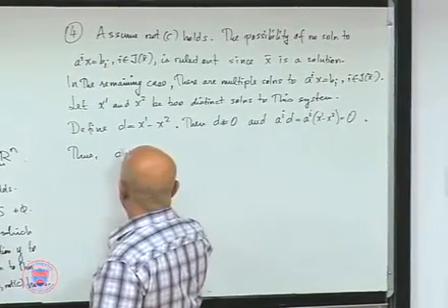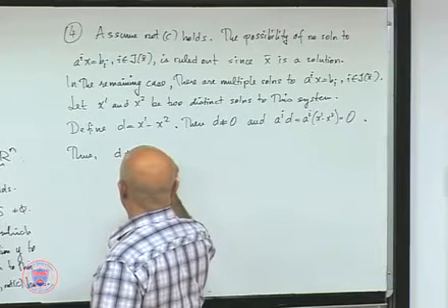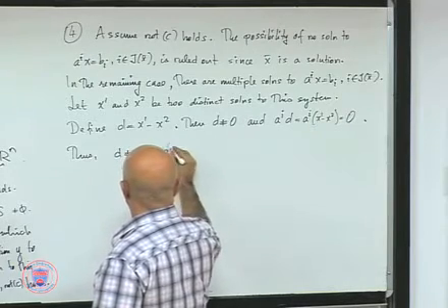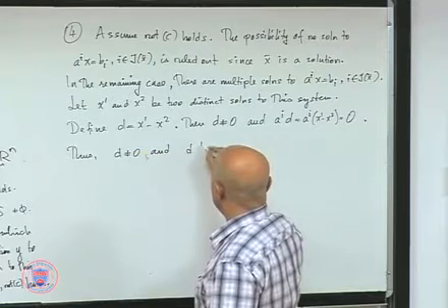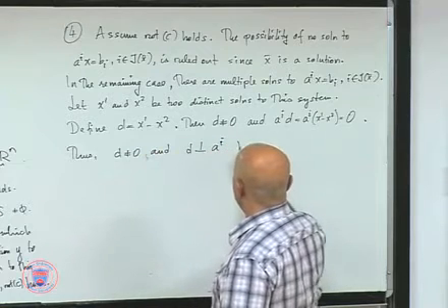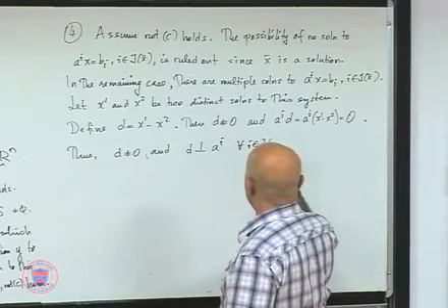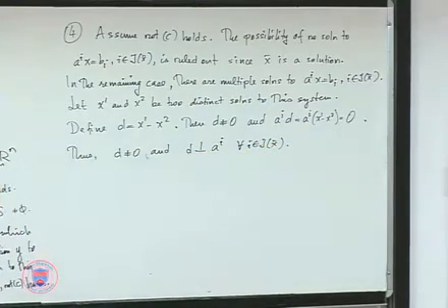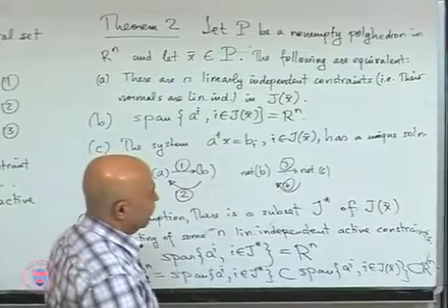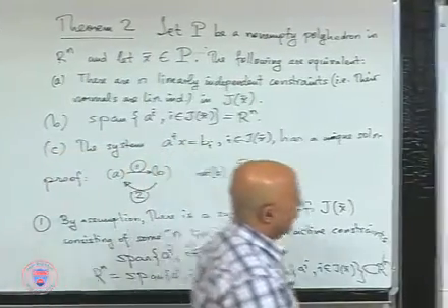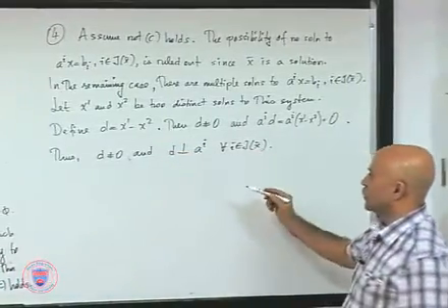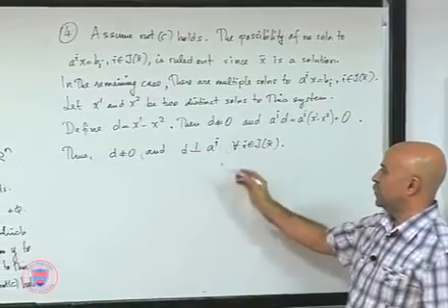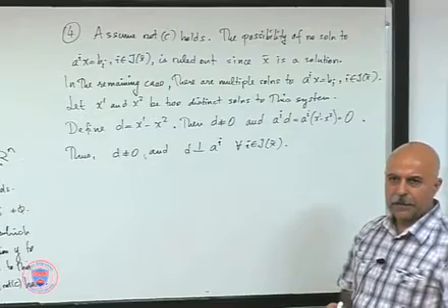Thus, D is non-zero and D is orthogonal to AI for each I in the active set. So what's the conclusion here? You just generated a vector which is orthogonal to each one of them, and it's non-zero.